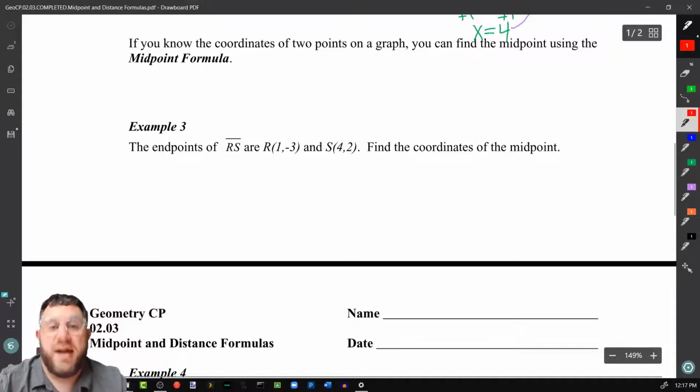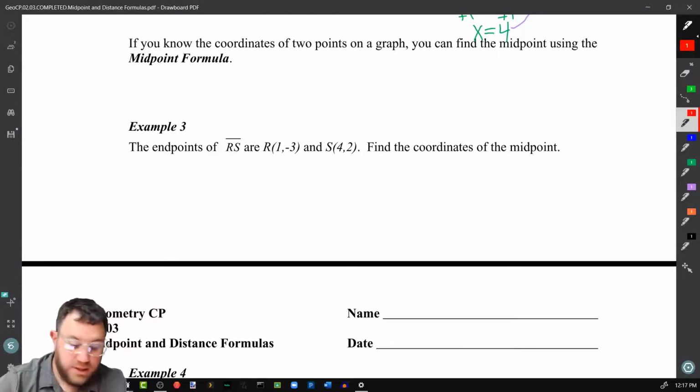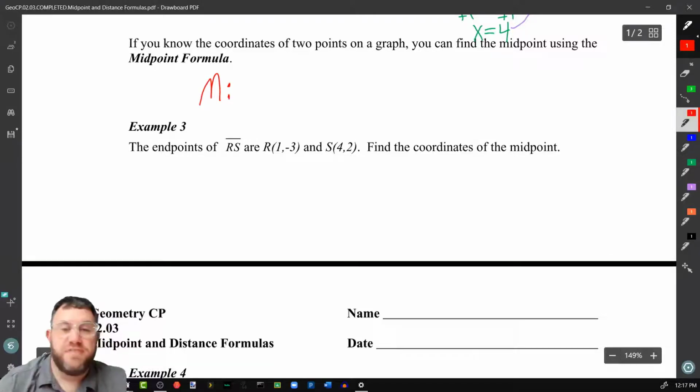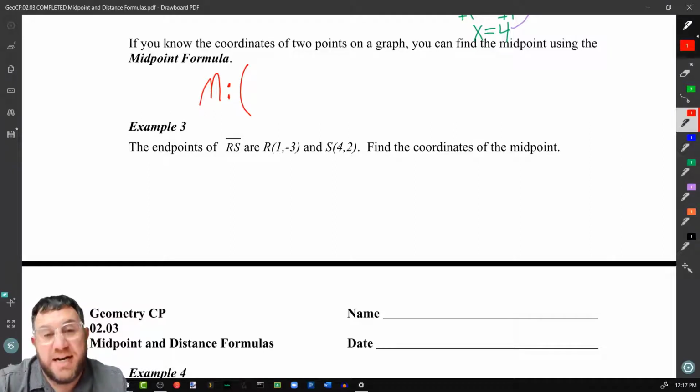Now, on a graph, if you know the coordinates of 2 points, you can find their midpoint. You can find the coordinates of their midpoints. So, the formula for midpoint, I'll just go ahead and write it in. It's basically we are averaging our x's and averaging our y's.